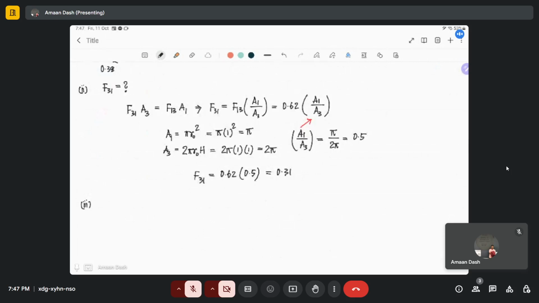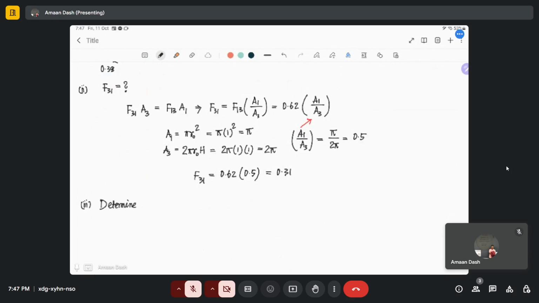So we have to calculate A1 and A3. A1 is circular, so we have pi r square, better if we write pi r0 square.